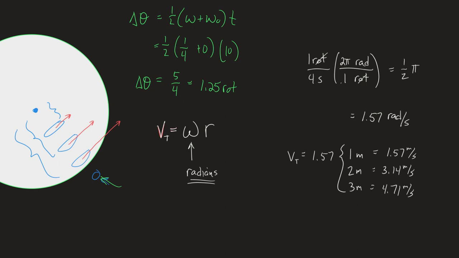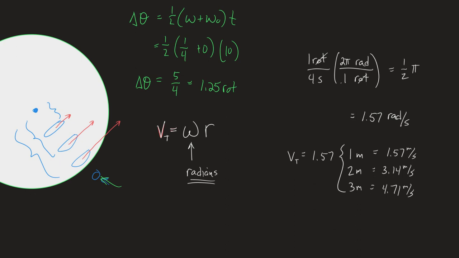So while the ride was spinning up, this person right here was experiencing a tangential acceleration, right? Because they had a linear velocity of 0, and then after a while, they had a linear velocity of 4.71 meters per second. So they must have had a linear acceleration, something that changed their linear speed.